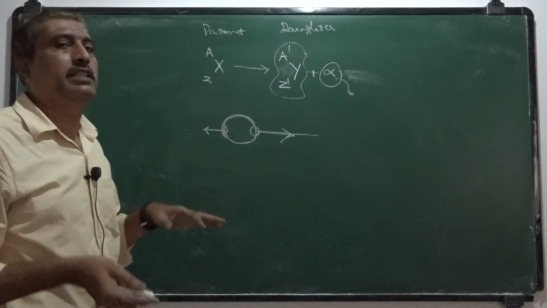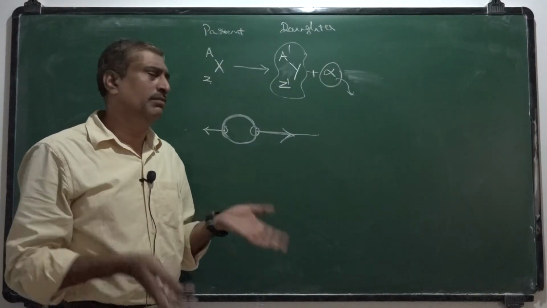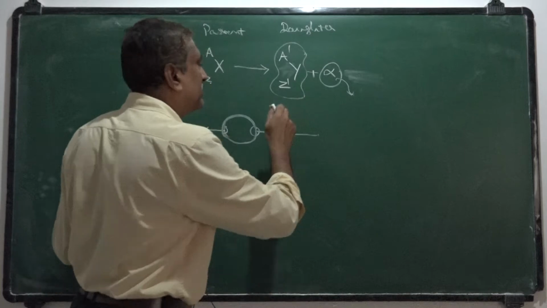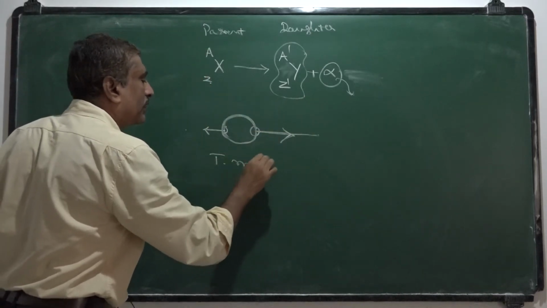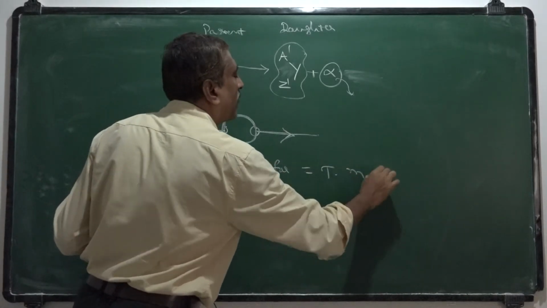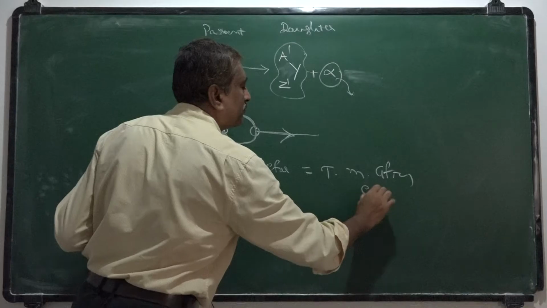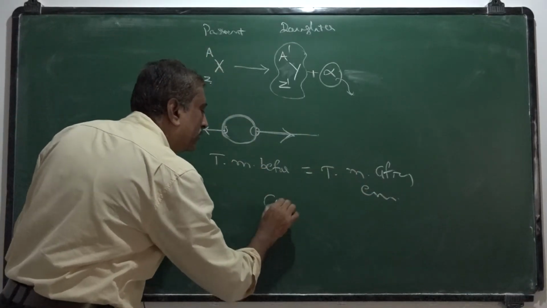In that case, you have to apply the law of conservation of momentum. The total momentum before emission is equal to the total momentum after emission. Before emission, the total momentum is 0.